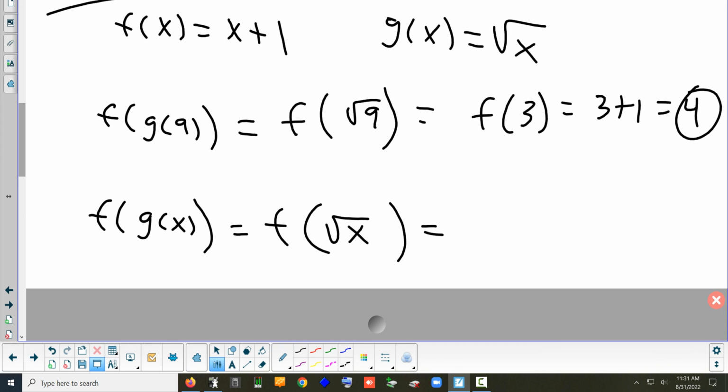Now, in function f, replace all the variables with that. And what would you get? Square root of x plus 1. Very important that the 1 is not under the square root. It should be just like that.